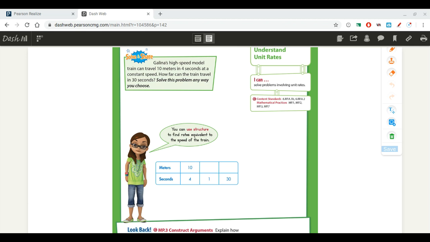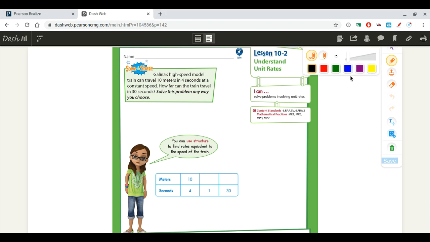And so to find the unit rate, what I'm going to do is I am going to take the 10 meters and I'm going to divide that by 4 seconds.